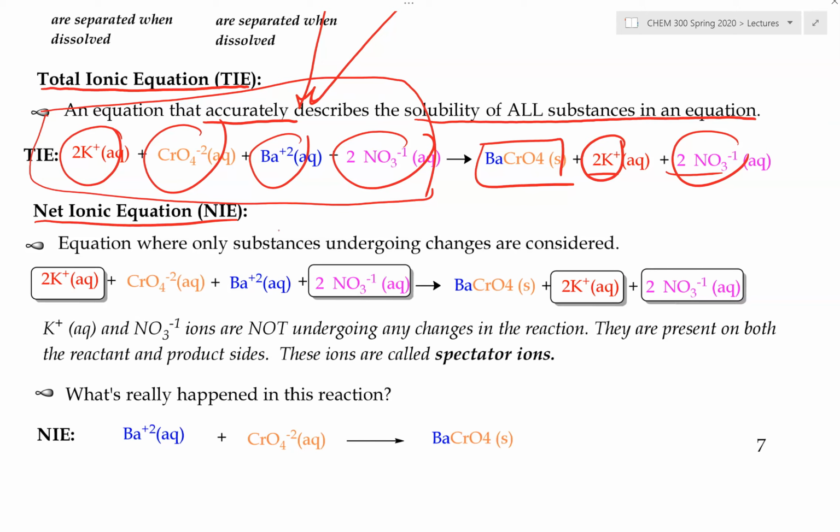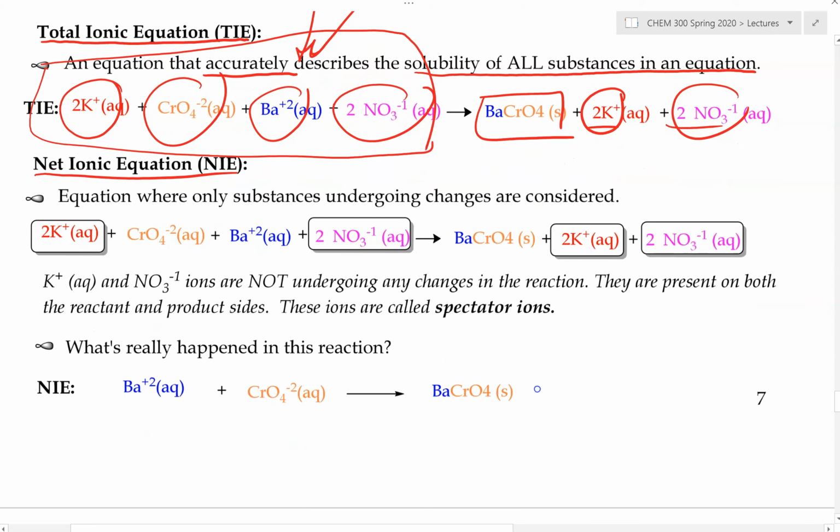As a chemical reaction is happening, not all substances may be undergoing chemical change, but only a few of the substances would be undergoing change, but not all of the ions, right? And so the net ionic equation is a chemical equation that we would write to truly describe only the changes that we observe in a chemical reaction.